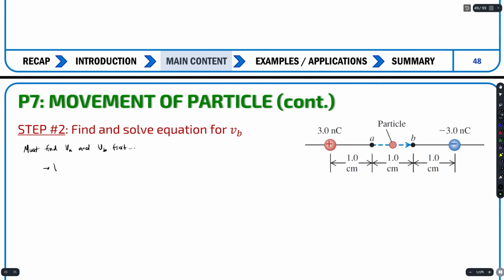So VA is going to be equal to KQ1 over R1 plus KQ2 over R2.